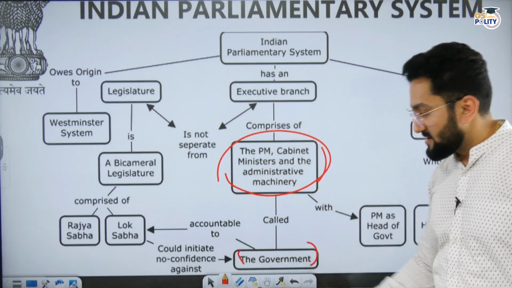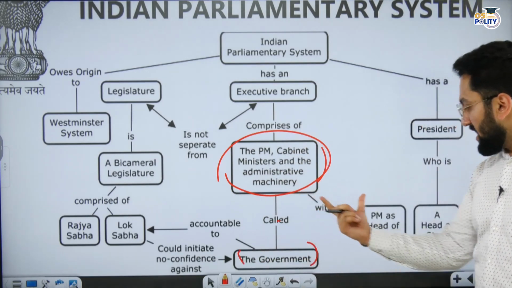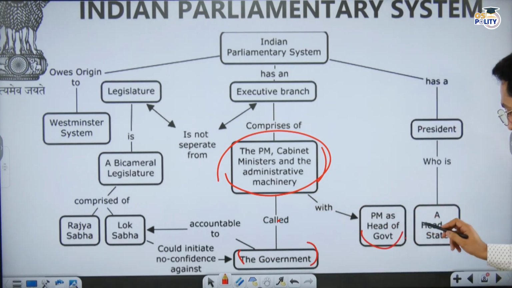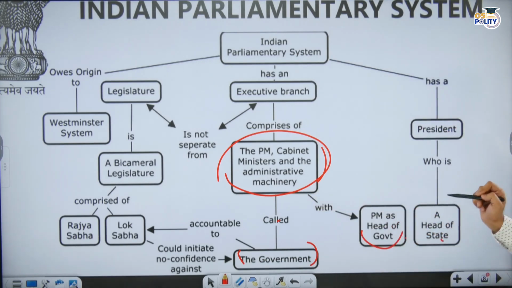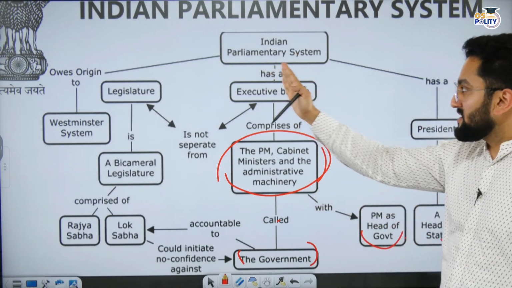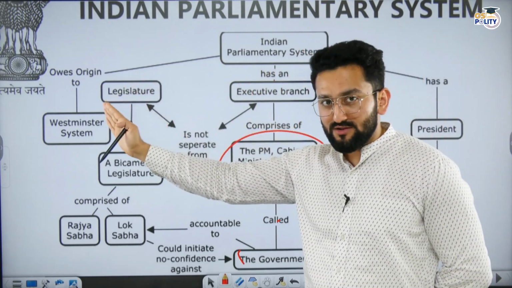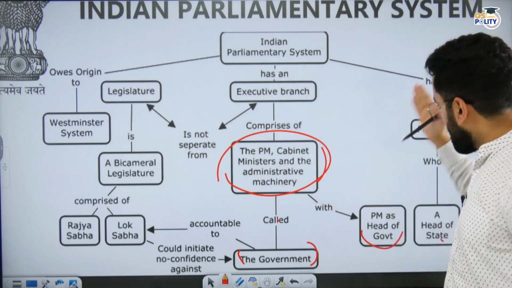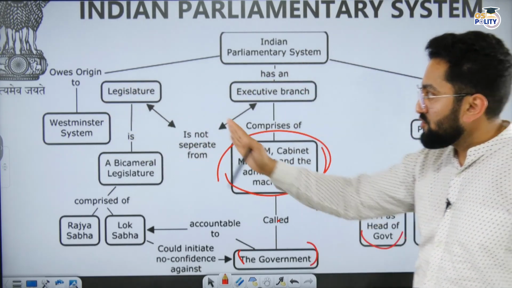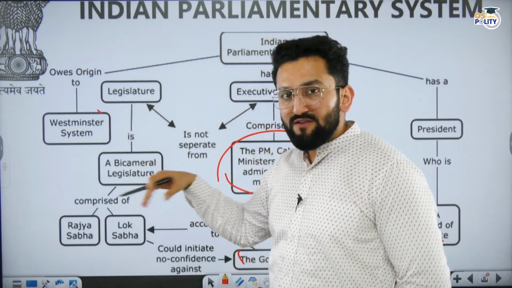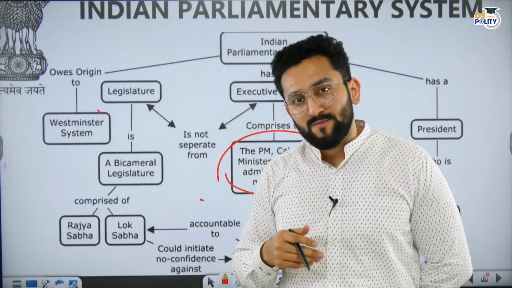Now, this executive has both permanent and temporary executive. This is called government. Okay, this is called government. And in this government, head of the government is prime minister and president is the head of the state. Okay, so in Indian parliamentary system, you have president, you have executive branch, you have legislature. Okay, so executive and president is quite clear to you. Now talking about legislature. So this system we have adopted from Westminster model.